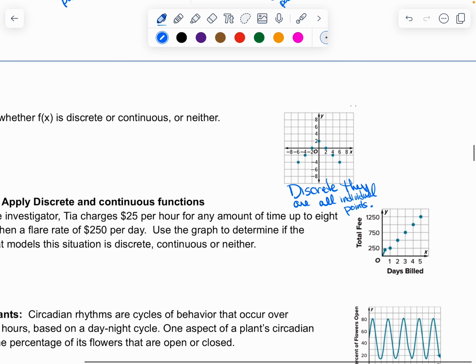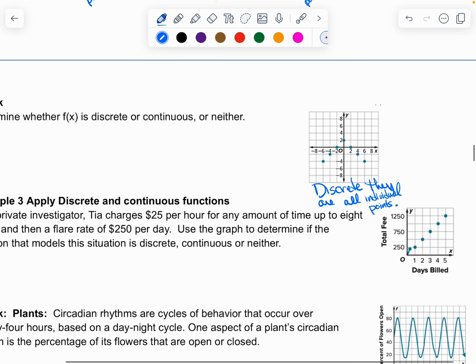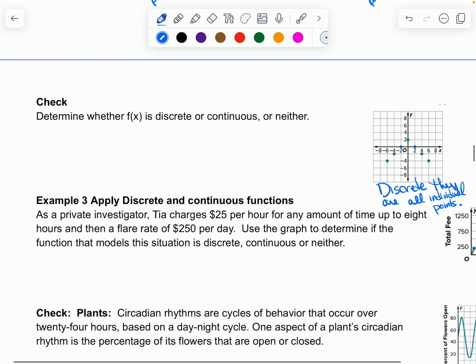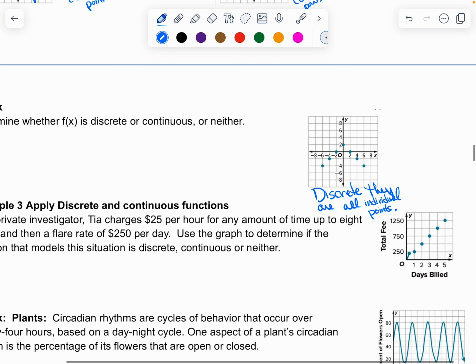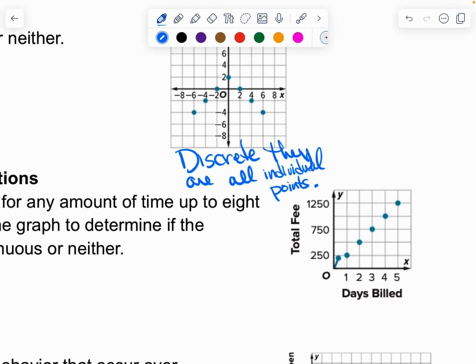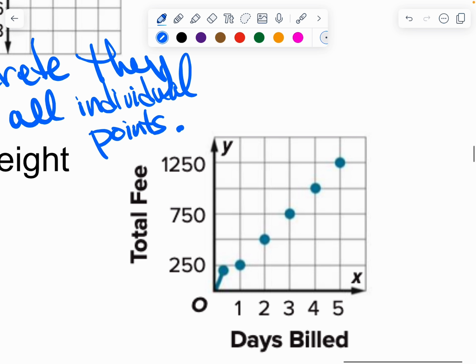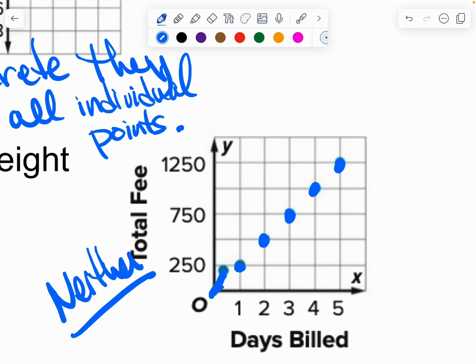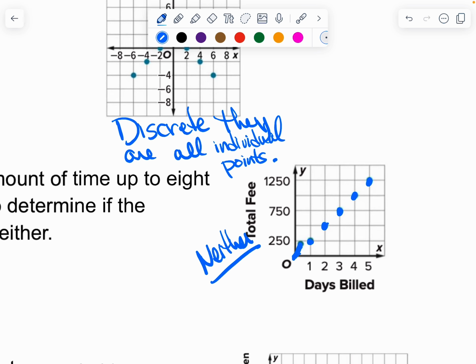So if I look over here, it was continuous here, but there's a flat rate each time after that. So this means that it is neither, because we start off continuous and then it's an individual amount.